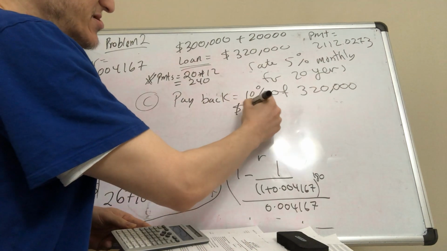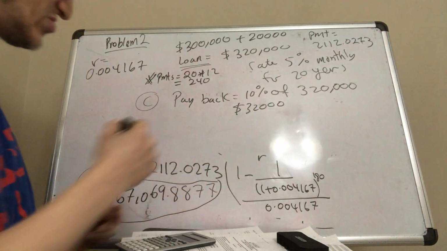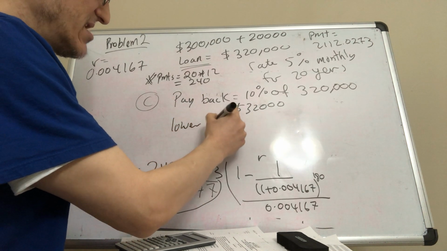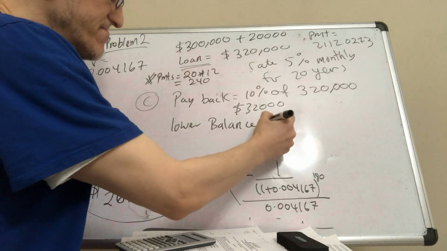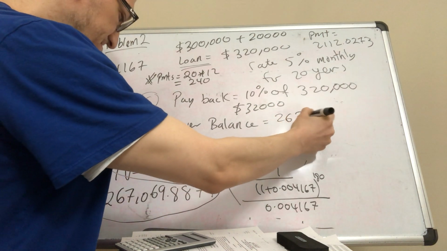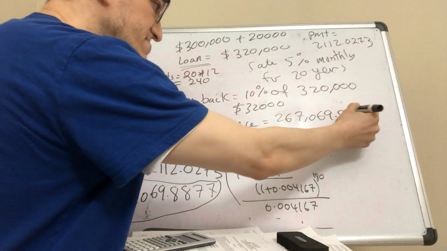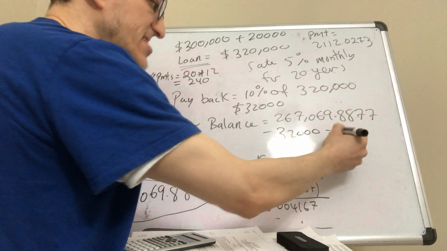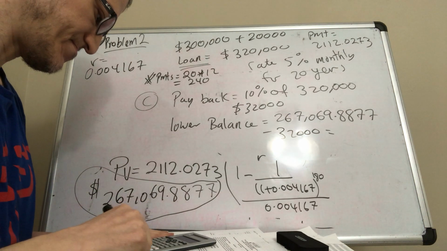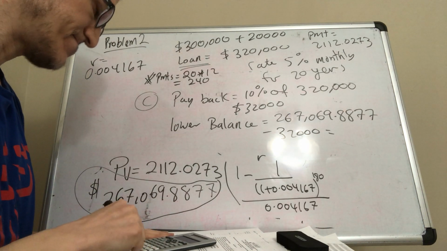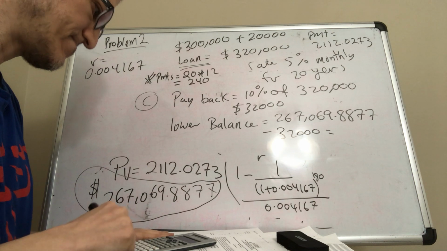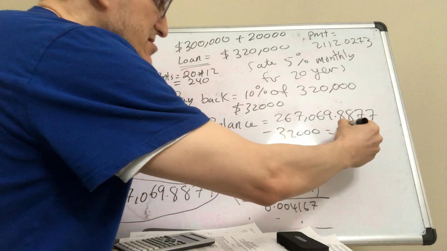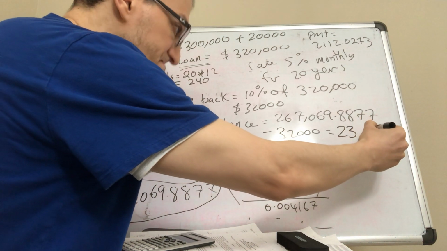So we're going to pay 32,000 towards the loan. Now we lower the balance a little bit. It would be this minus 32,000. So this is how much you owe the bank.